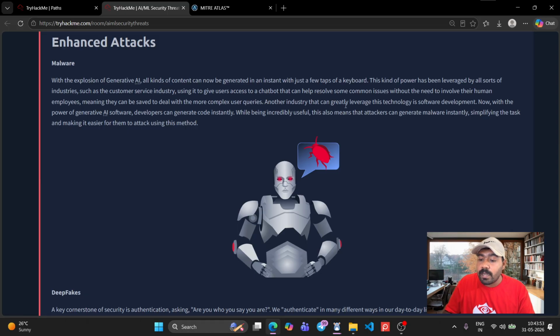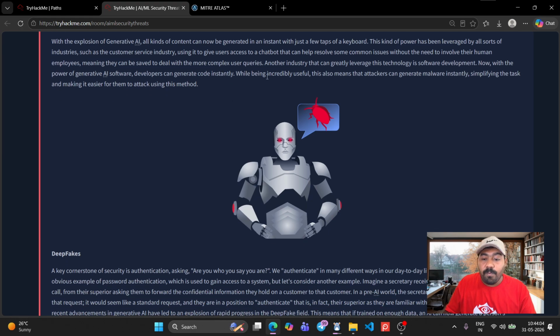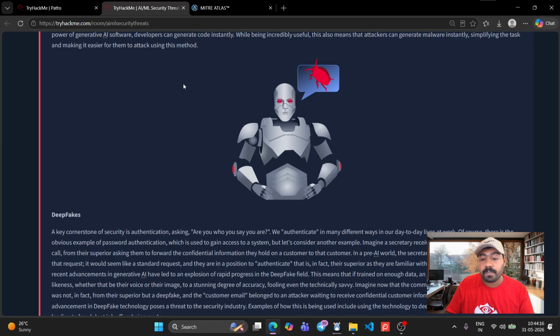Another industry that can greatly leverage this technology is software development. With the power of generative AI, software developers can generate code instantly. While being incredibly useful, this also means that attackers can generate malware instantly, making it easier for them to attack using this method.